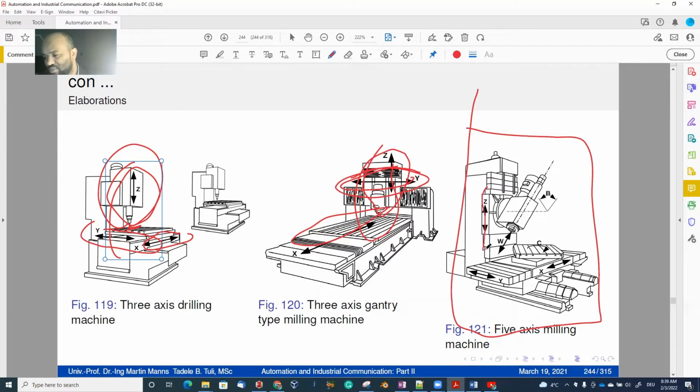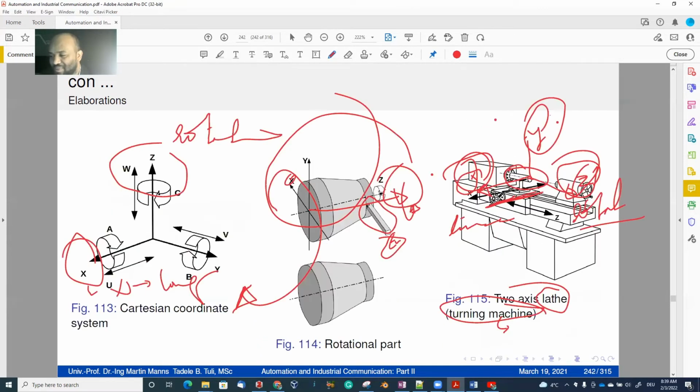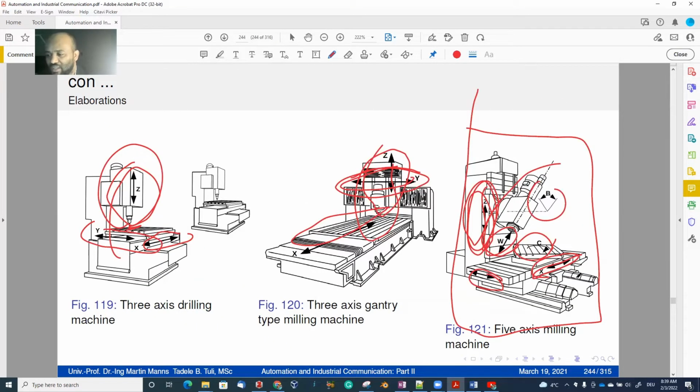The axis of the tool we consider as Z. The longer axis we consider X. The shorter axis we consider Y. Again, for this tool only, we have an additional axis, which we call W. We have a rotation axis here, which we call C. We have a rotation axis, which we call B. Yeah, this is for when you have multiple axes.